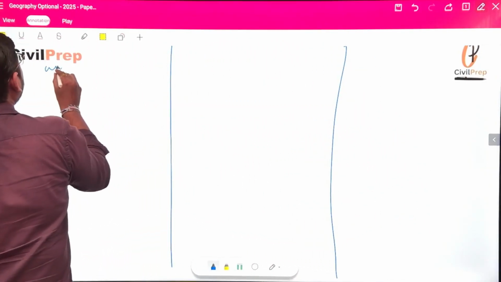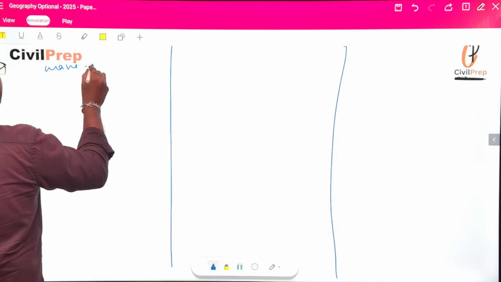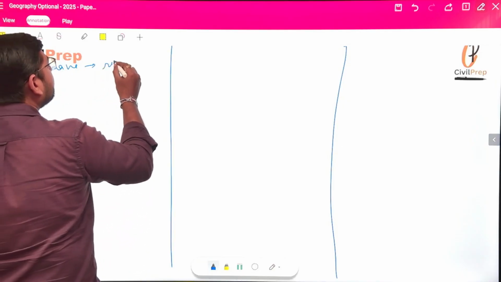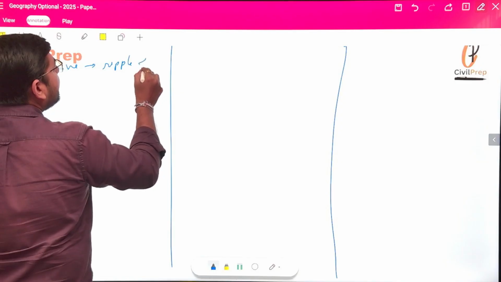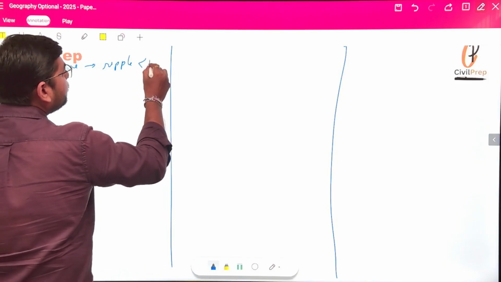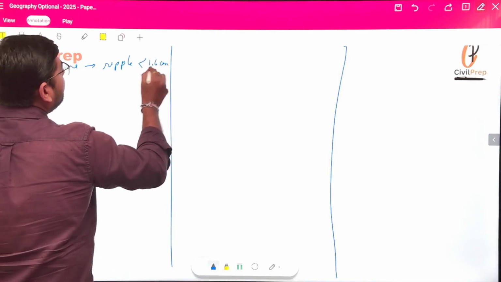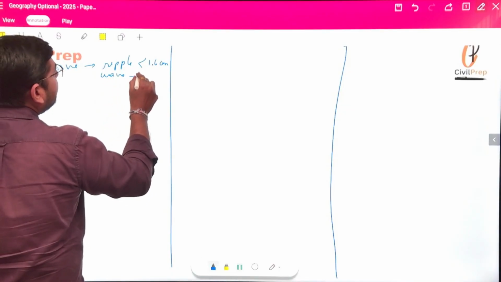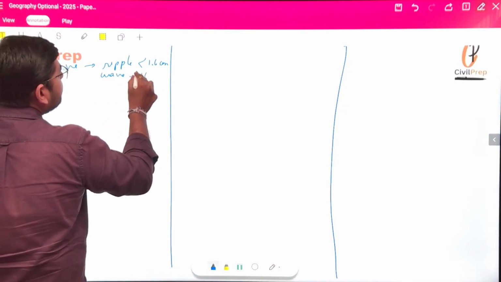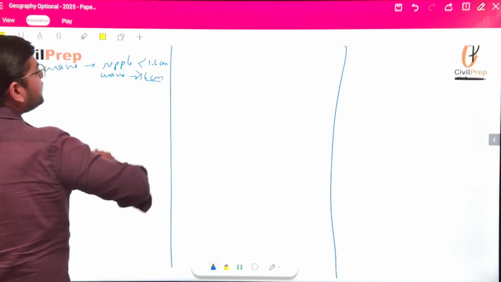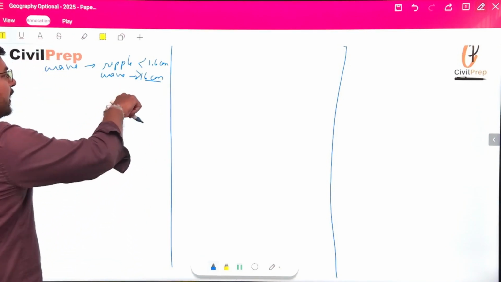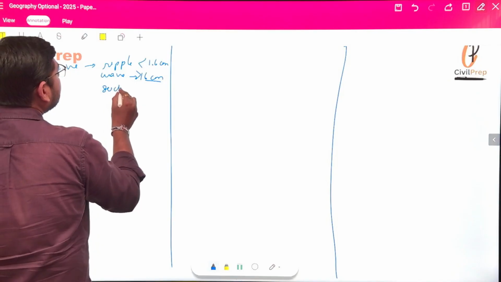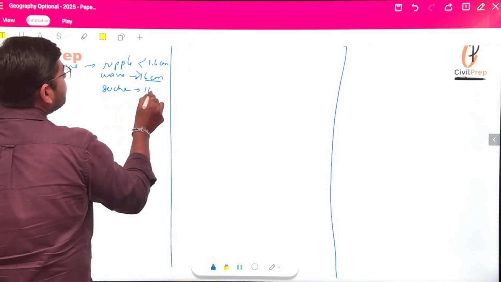When we talk about a wave, first it is a ripple when it has a wavelength of less than 1.6 centimeter, but it becomes a wave when it has more than 1.6 centimeters of wavelength.